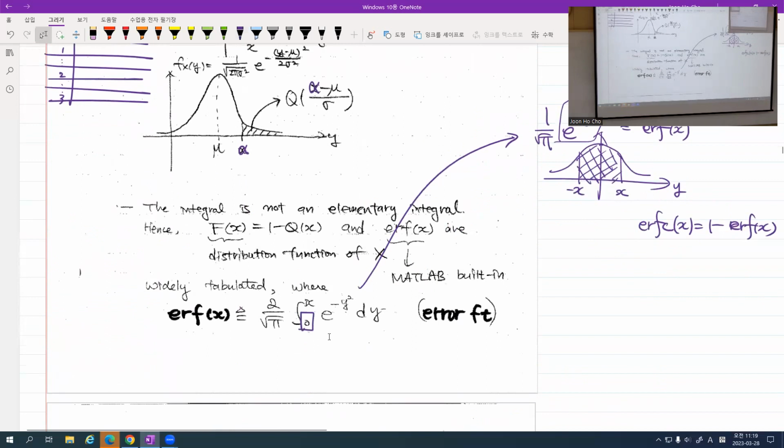And we also talked about the relation between the error function and the Q function. And the error function has a very simple integrand. It is motivated by what is the integration of e to the negative something squared. So no scale at all. Got it?